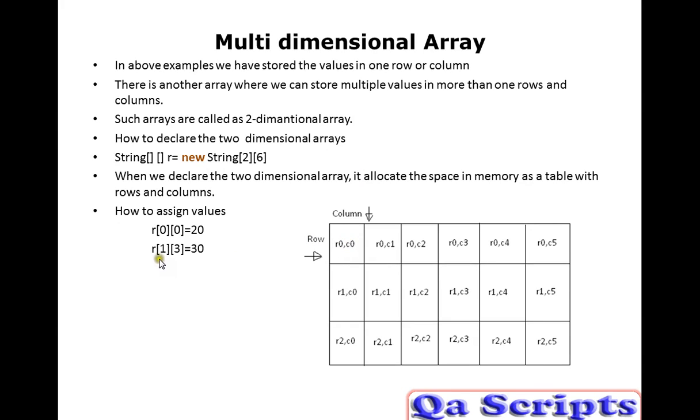When I say r[1][3], it means first row, third column, that is here. This is how the value 30 is going to come and sit here.